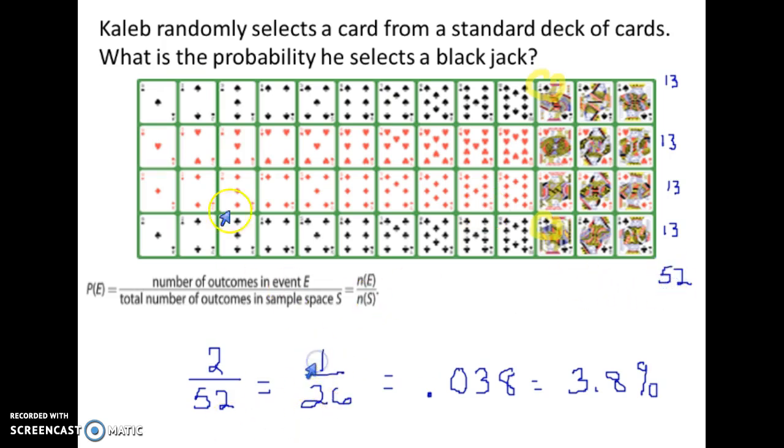And we're not counting jokers, so we're going to assume there's no jokers. We can reduce this fraction to 1 over 26. If they wanted a decimal, 1 divided by 26 is 0.038, and move the decimal 2 places to the right to get 3.8%. So 3.8%.